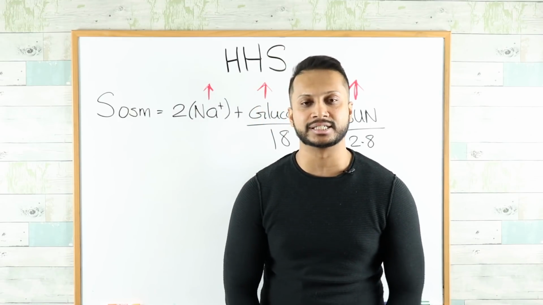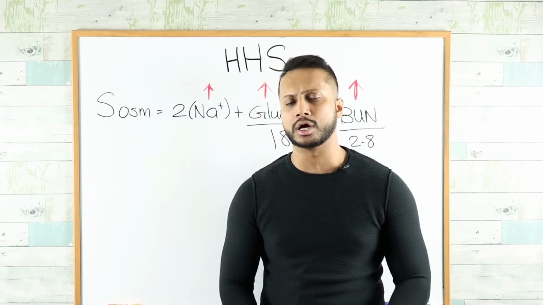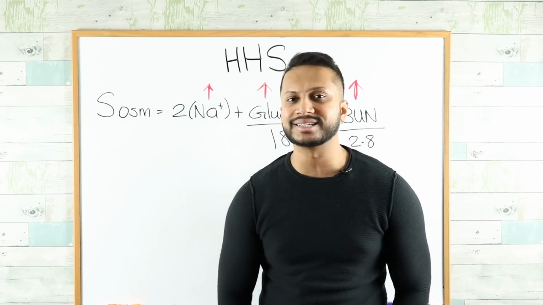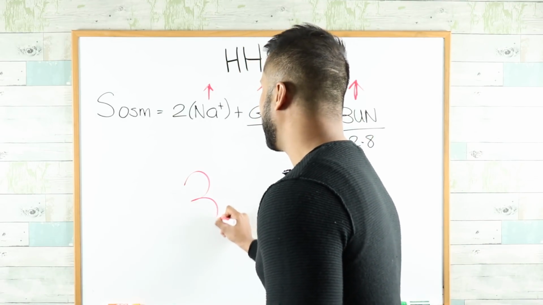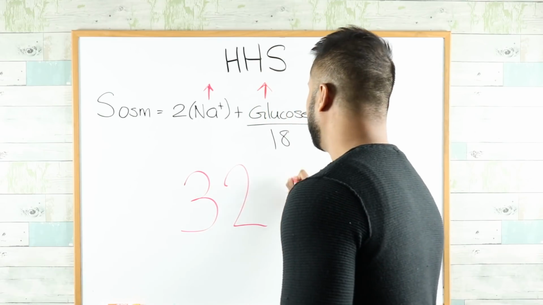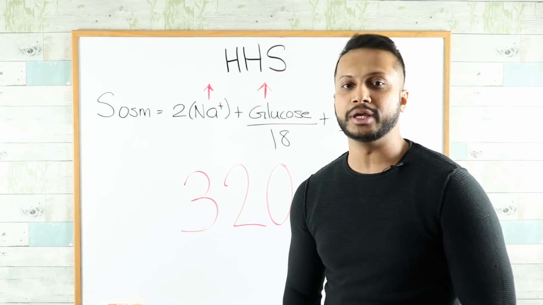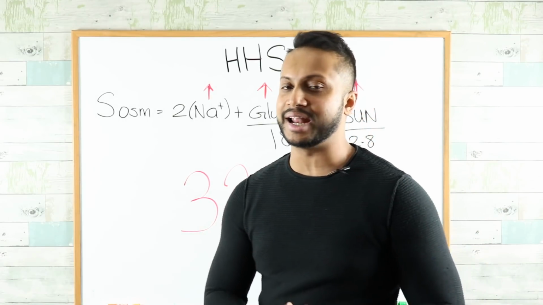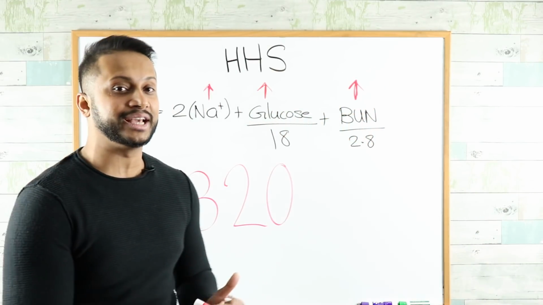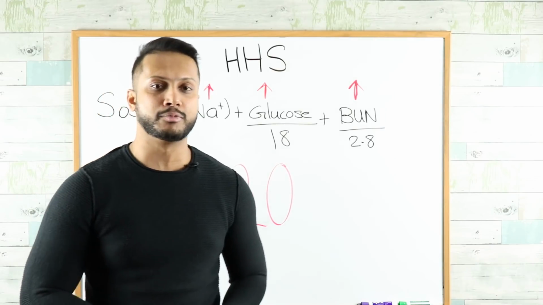patient with HHS. In order for you to diagnose a person with HHS, you must have serum osmolality greater than 320, guys. 320 is going to be your magic number. So just like DKA, you had a high anion gap, whereas in a patient with HHS, you have an increased serum osmolality.